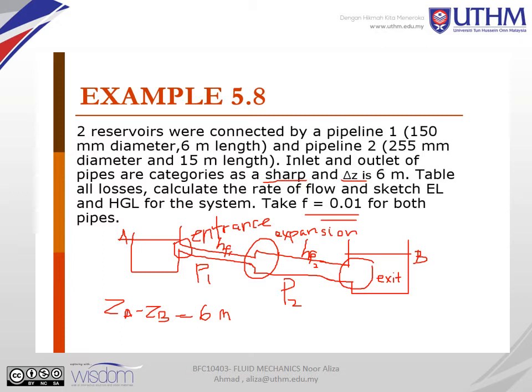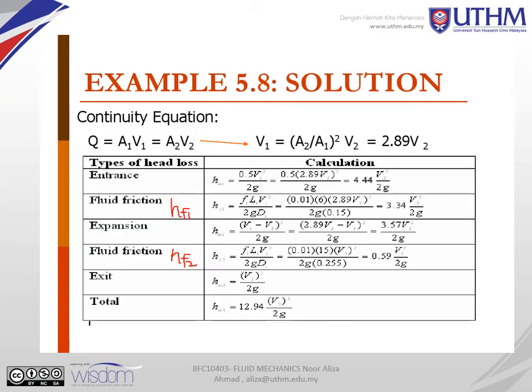So we have one entrance, we have HF1, we have expansion, we have HF2, and we have the exit. So we have the head losses 1, 2, 3, 4, 5, 5 head losses. So we just use a table to get the calculation.